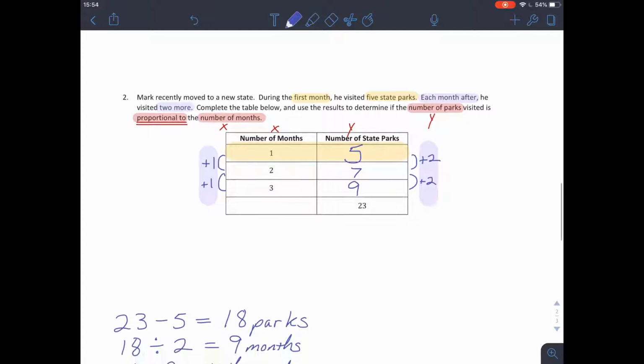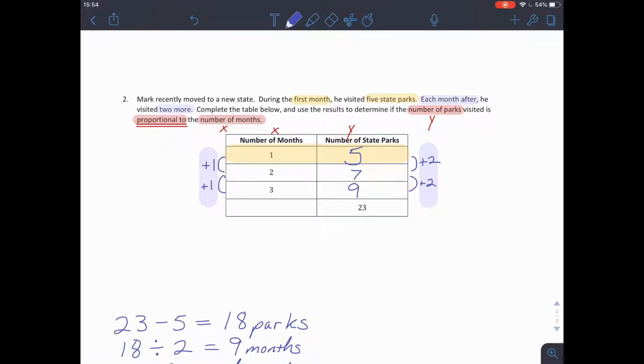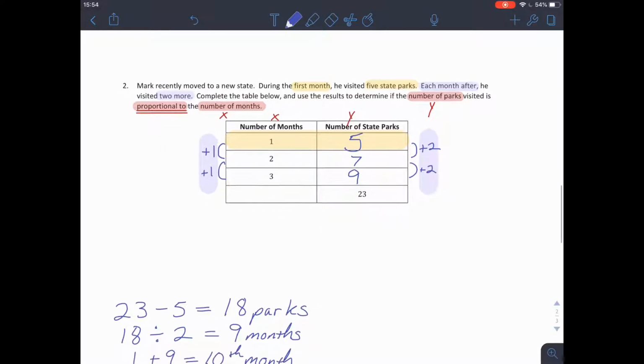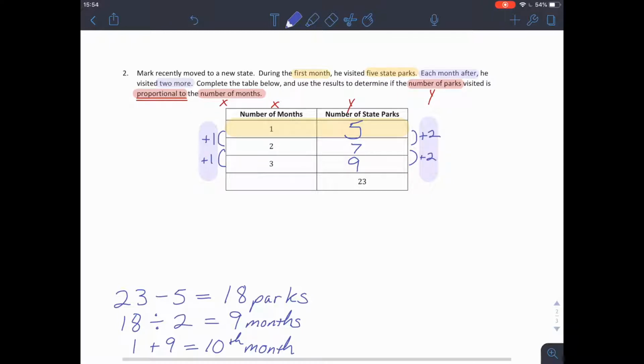So when I do 18 divided by that 2, I find out that it had to have been 9 months after the first month. Since it was 9 months after the first month, I just add on that first month to find out that we got to our 23rd state park during the 10th month.